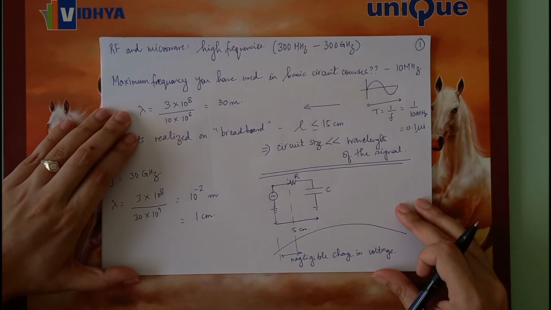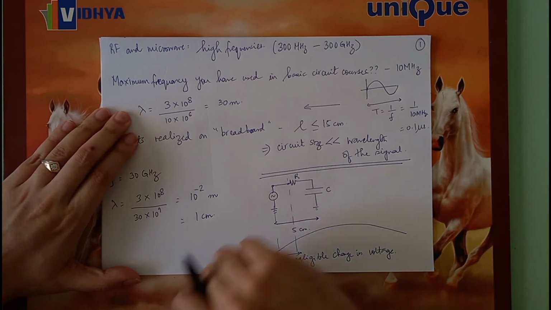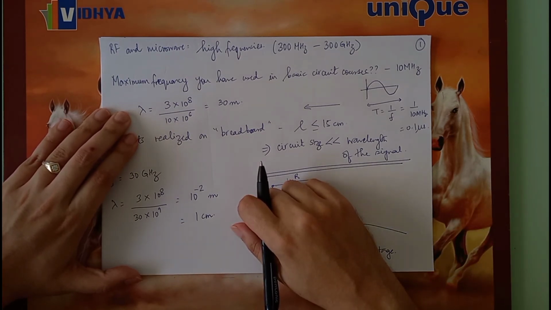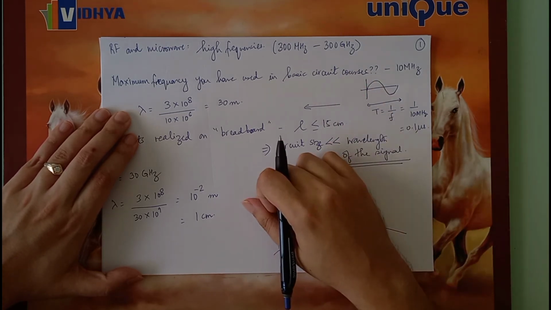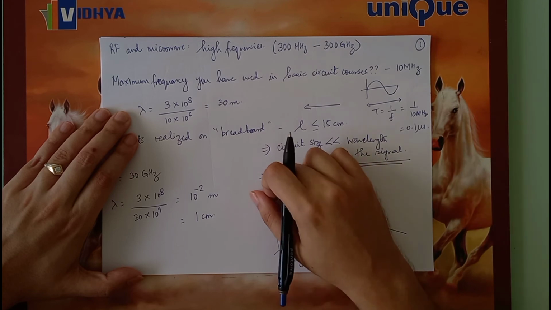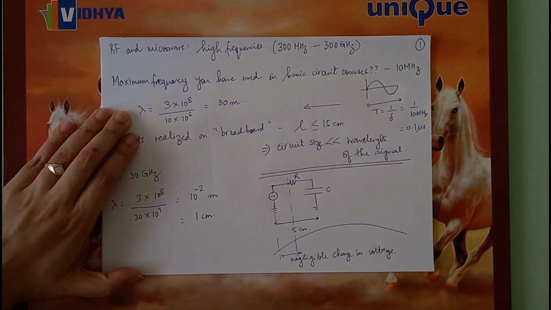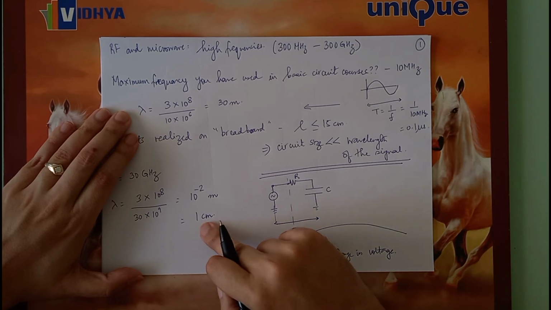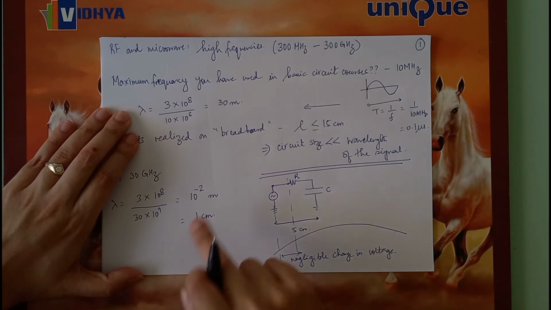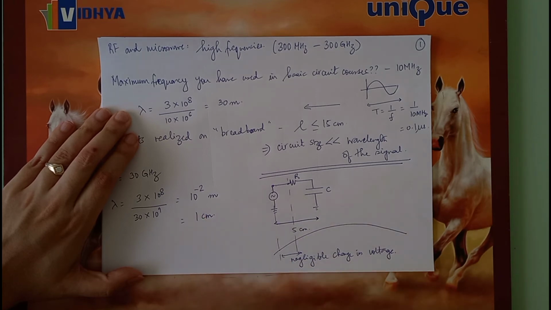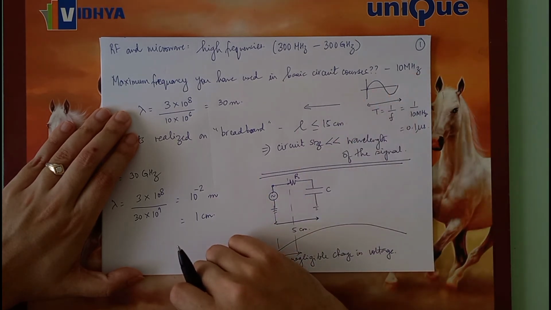So, if you are working with a breadboard, or with the components that you normally use during your basic circuit courses, the size of one component itself may be as large as a centimeter. So, therefore, what is going to happen is that the wavelength has now become much smaller than what it was at 10 megahertz.